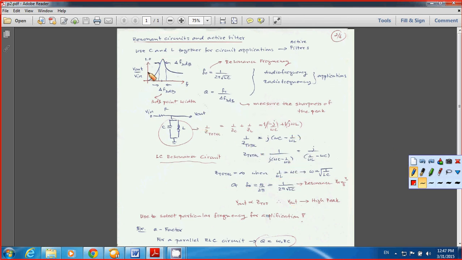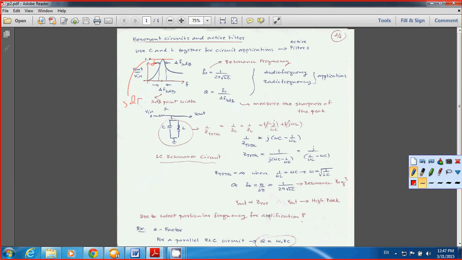As we worked out before, how do you find delta F 3 dB? Well, from the top, you drop down 3 dB in the case of the gain, or V out over V in in the unit of decibels. You drop this down by how much? 3 dB, right?